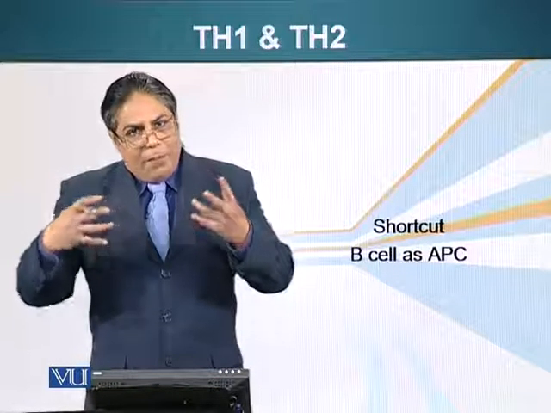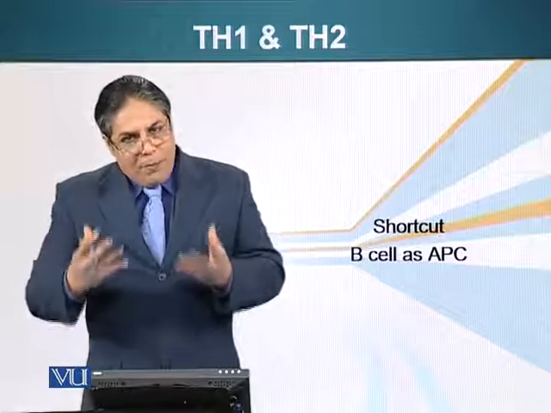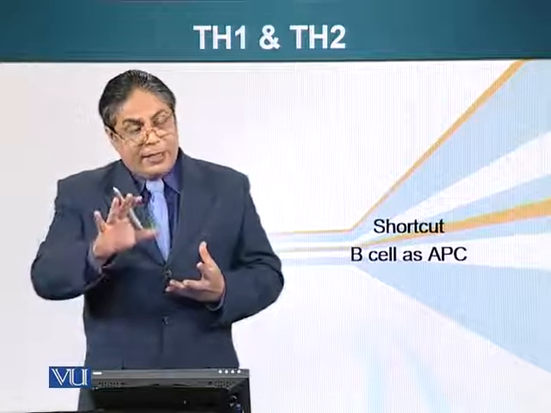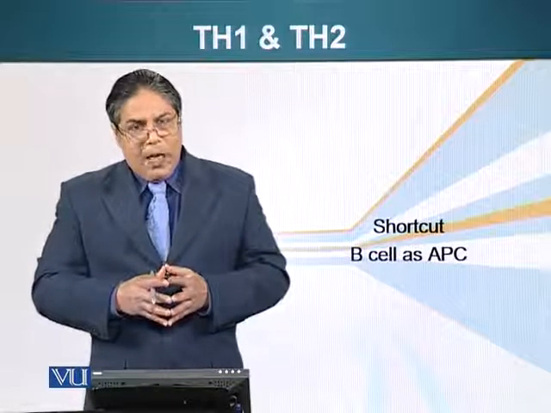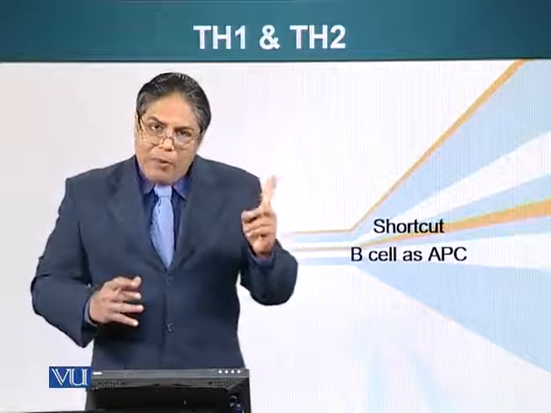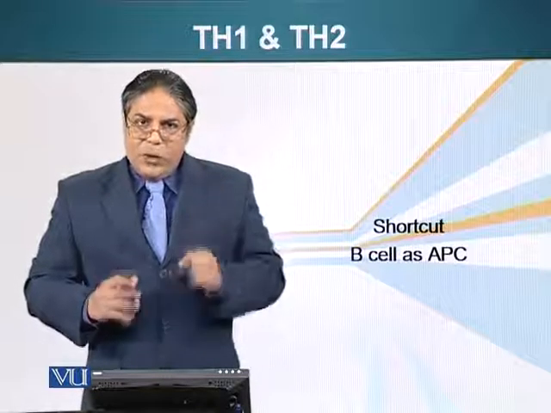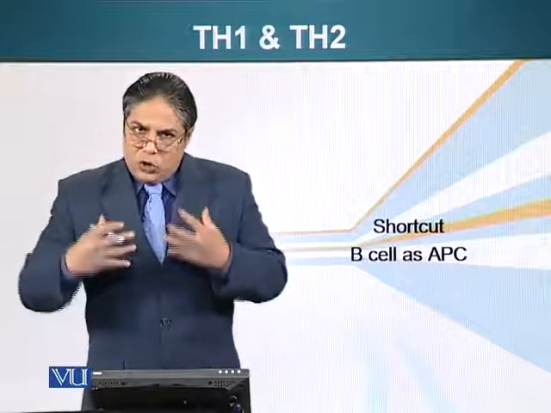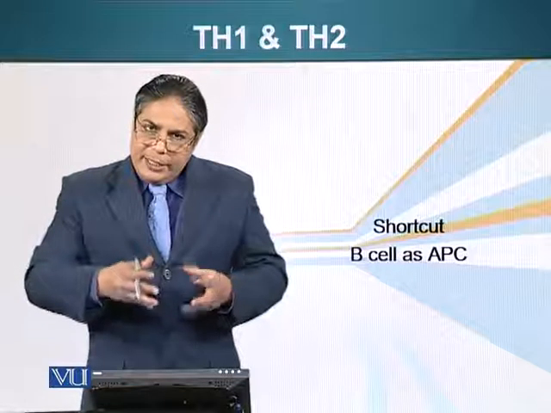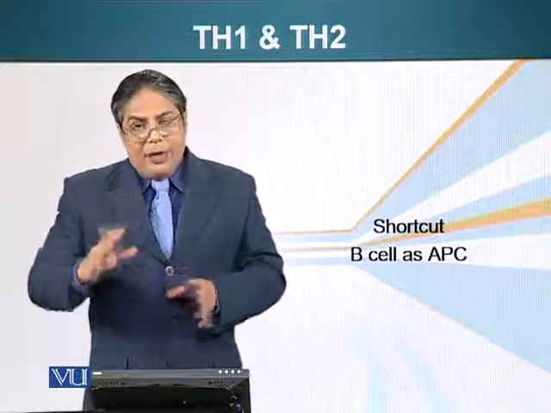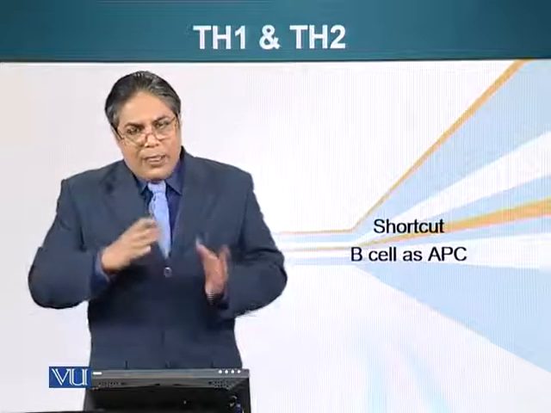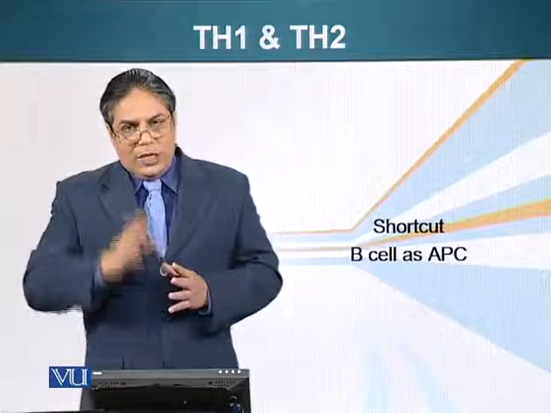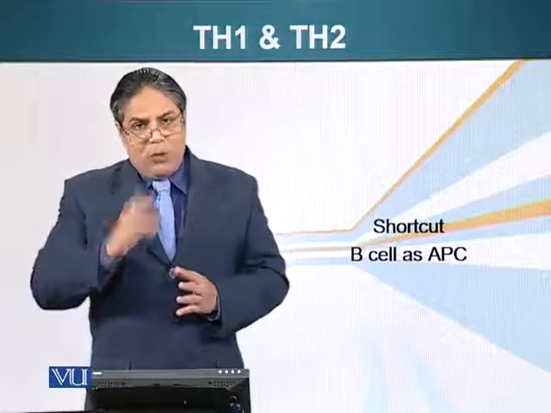Now, if we have an abundance of these memory B cells that can recognize Salmonella, which was the pathogen in this example, we have, number one, a higher number of B cells. Number two, these B cells will use a shortcut. They will bind the Salmonella pathogen and act as antigen presenting cells. So it is a shortcut, and that is why the secondary immune response is much more rapid and much more robust.